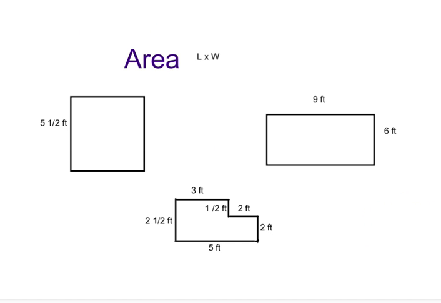Area, again, I'm going to multiply length times width. So in my square here, I have 5.5, which I could write with a decimal, 5.5 times 5.5. 5.5 times 5.5.